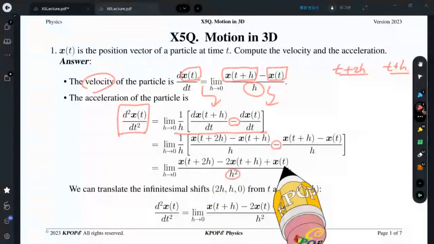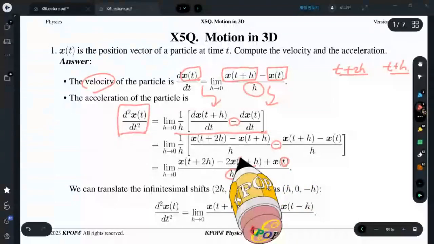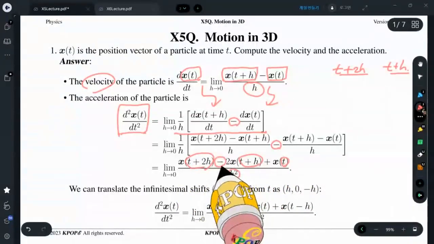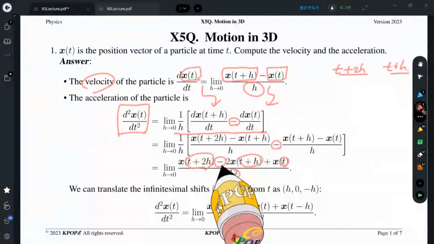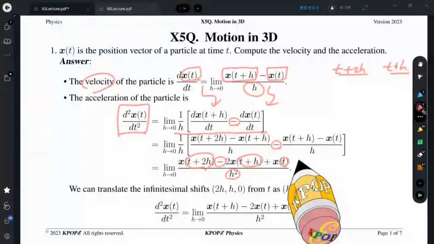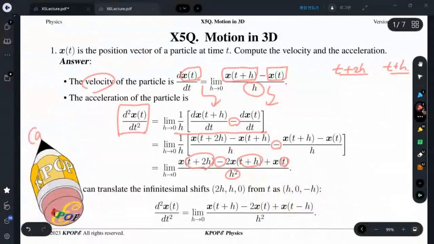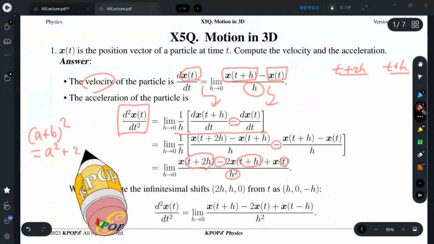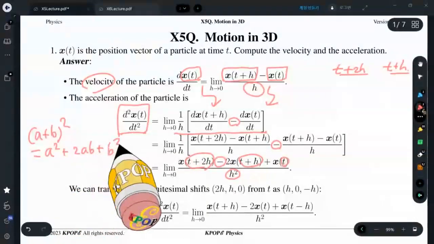becomes x at t plus 2h, and t plus h, and we have a sign difference, a minus. So as you can see, the coefficients are binomial coefficients. For example, (a plus b) squared equals a squared plus 2ab plus b squared.